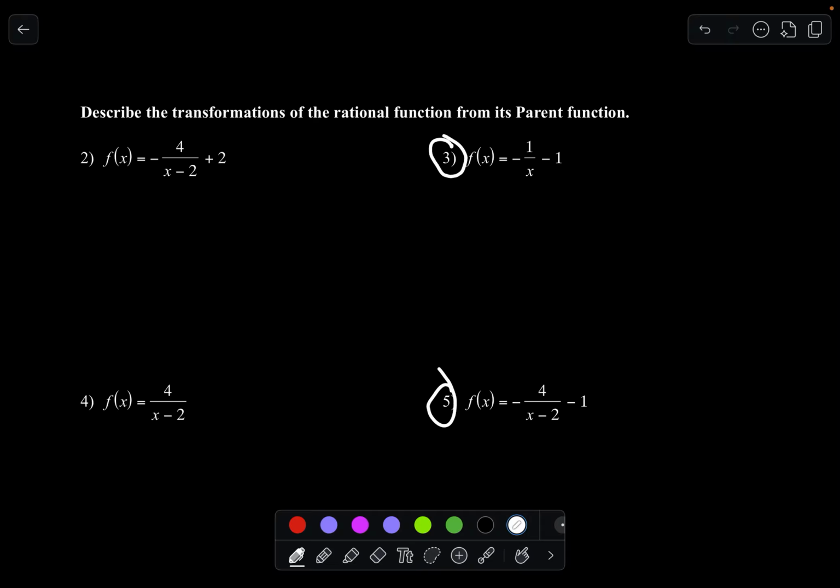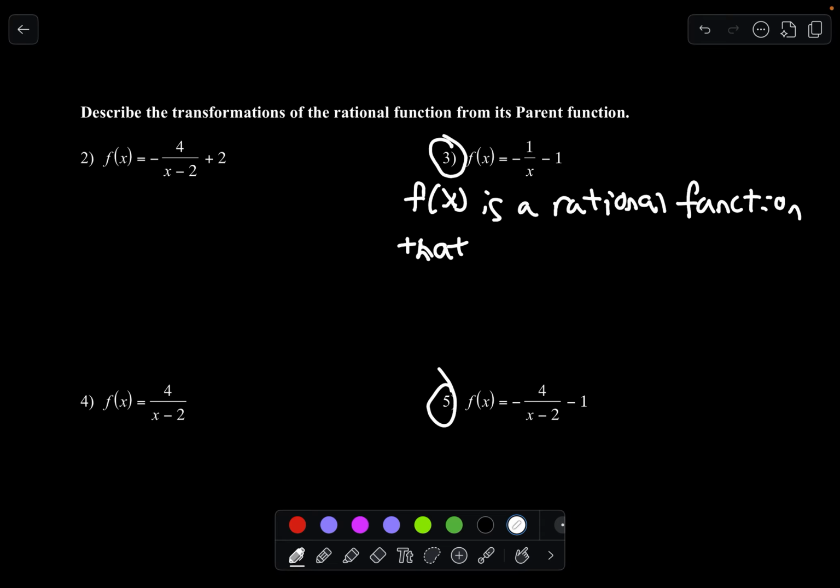Well, f of x for number 3 is a rational function that is reflected, because of that negative sign in front of the 1 over x, across the x-axis.